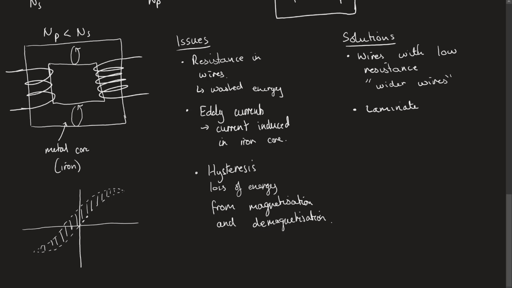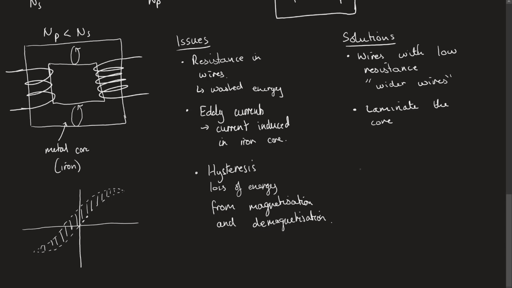Okay, now laminating the core means that we are just going to try and cover it in plastic, and we're trying to put plastic in between small segments so that we prevent current flowing, because obviously current can't flow through plastic. So if we then put as much plastic around this core as possible, we're preventing that current from flowing in the first place, and therefore we're not going to have this wasted energy from these induced currents.